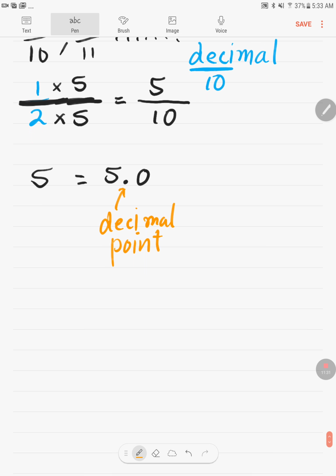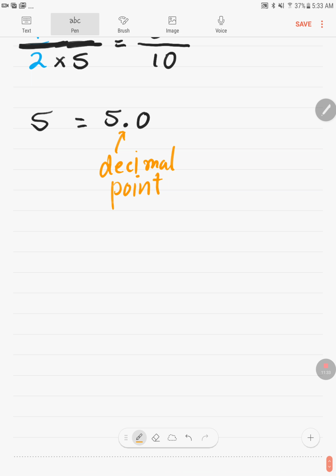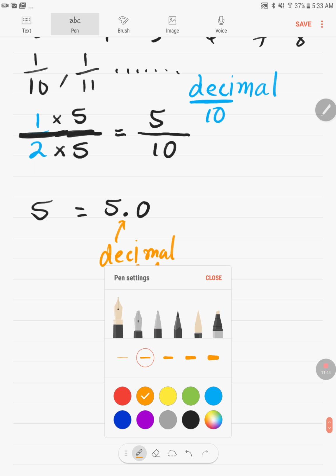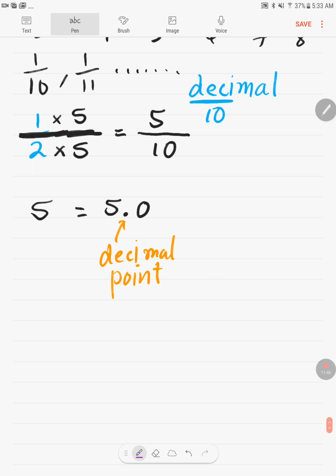And 0 over any number, or 0 over 1 in this case, is 0. Now when we divide by 10, what we do is move this decimal point 1 unit to the left.